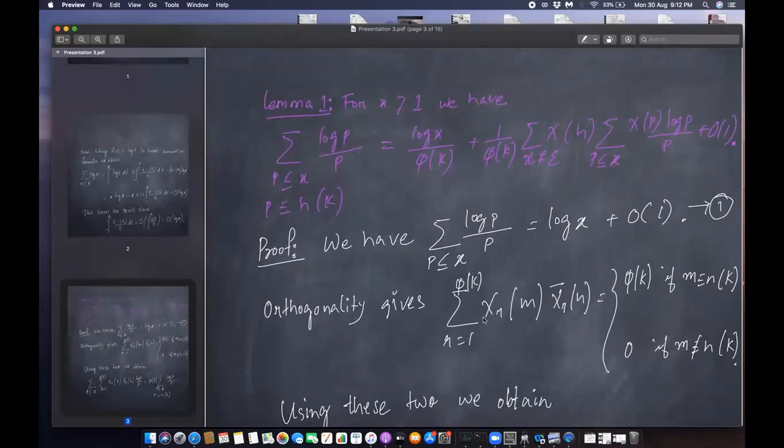So this is a famous relation, known as the orthogonality. If we consider the sum over all the characters, then this is equal to phi of k if m is congruent to n modulo k, and equal to 0 if m is not congruent to n modulo k.